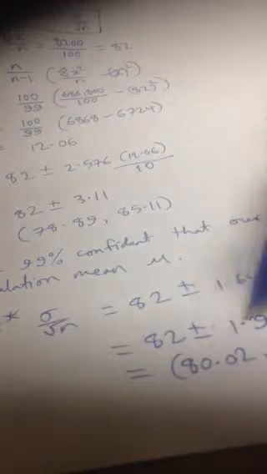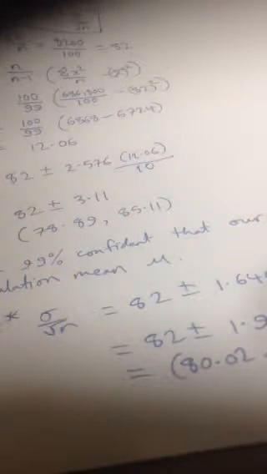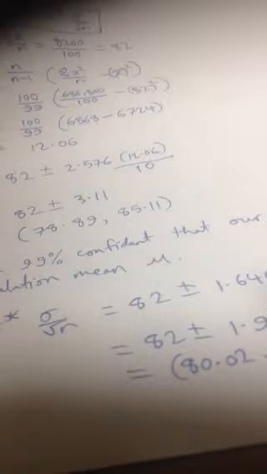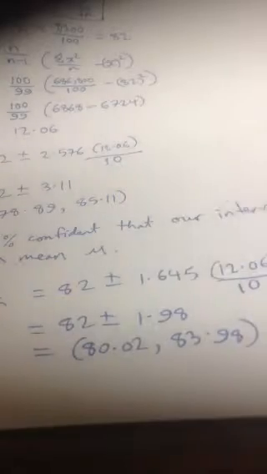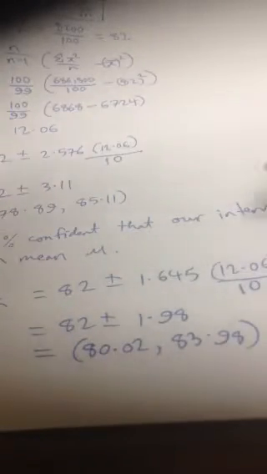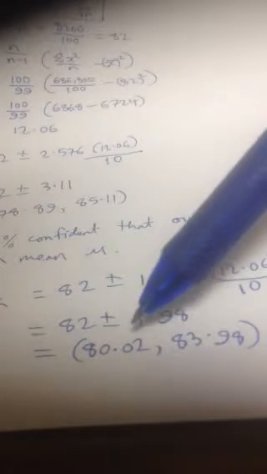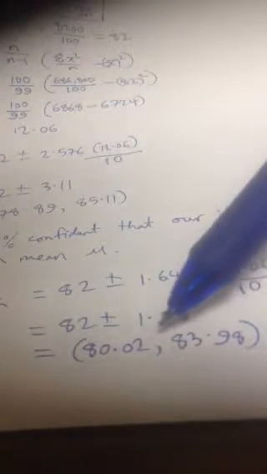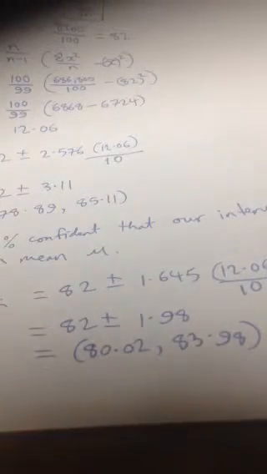That's 82 minus 1.98, and the upper limit will be 82 plus 1.98, which is 83.98. So again, the significance of this interval is that we are 90% certain or 90% confident that the true value of the population mean mu lies somewhere between 80.02 and 83.98.